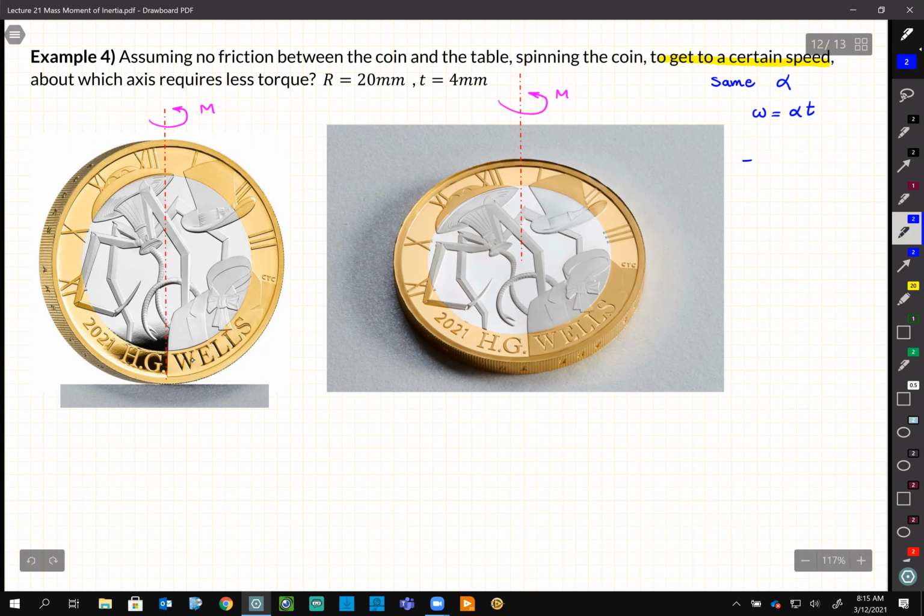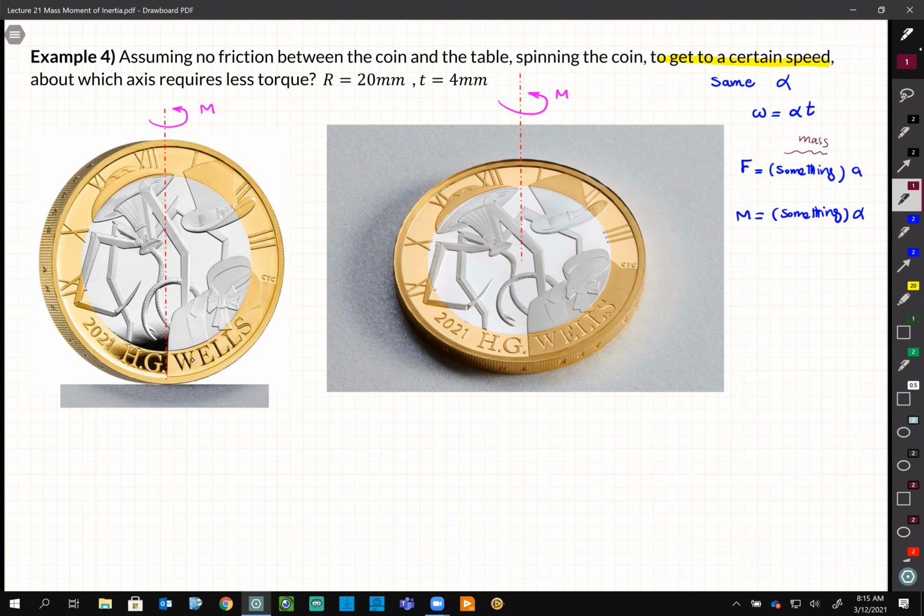So similar to the Newton law, F equal to something A, we had the same formula for M. M is equal to something alpha. This something was what we call mass, resistance to acceleration, and this one we call moment of inertia.